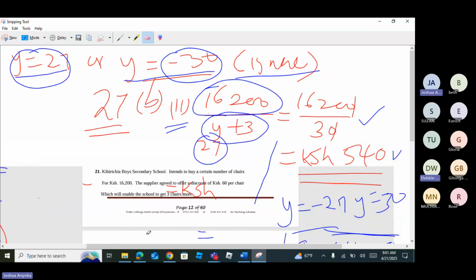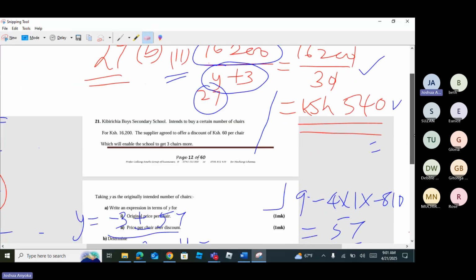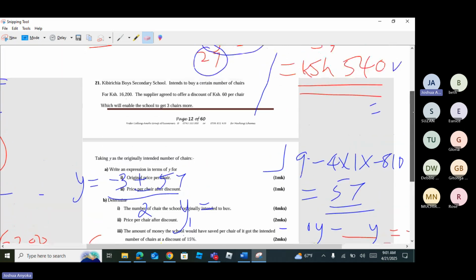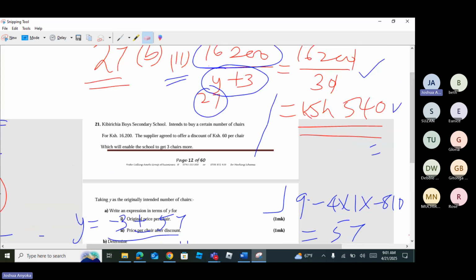Roman 2 says, the amount of money the school would have saved per chair if it got the intended number of chairs at a discount of 15%. So we are expected to get back and find the original price per chair.